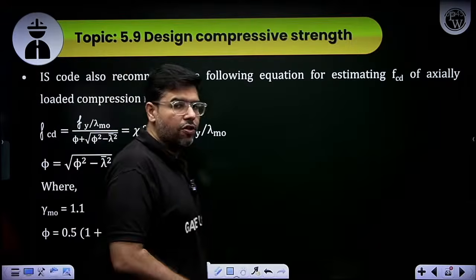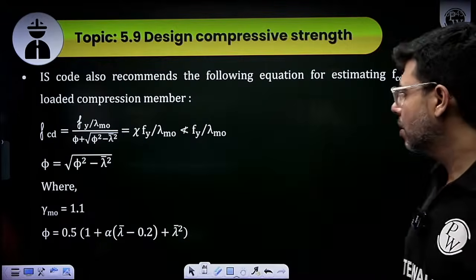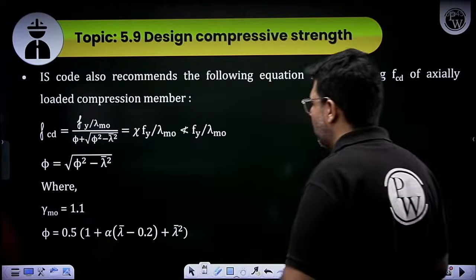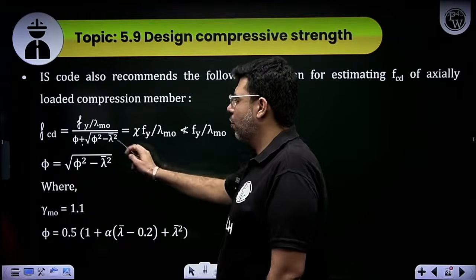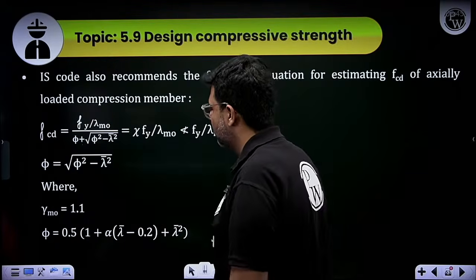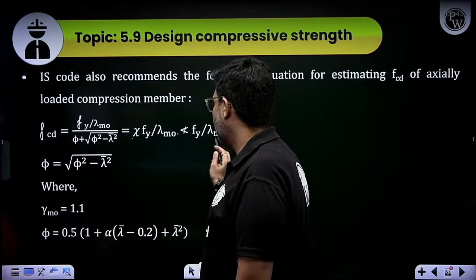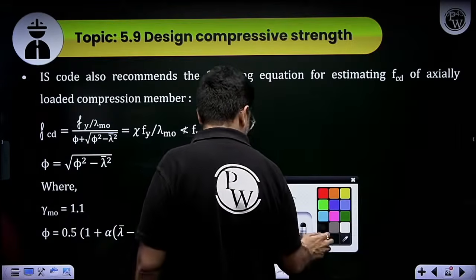So on the basis of this formula, the column strength curve was plotted as per the IS code. You can see this formula once. So FCD is equal to Fy by gamma MO upon phi plus square root of phi squared minus lambda squared, or it can be written as chi Fy by gamma MO. Gamma MO is 1.1 here. This will be gamma MO, not lambda MO.